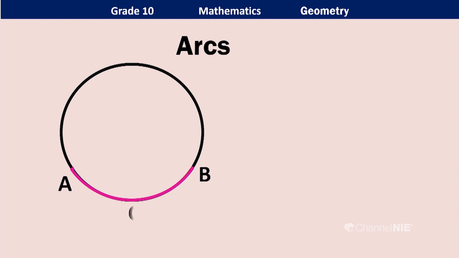Now, when I consider the portion ACB, I can name it as an arc. At the same time, we can name ADB also as an arc. So, ACB is smaller than ADB. Therefore, I can give two names.